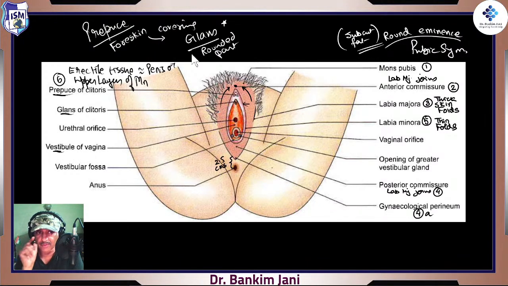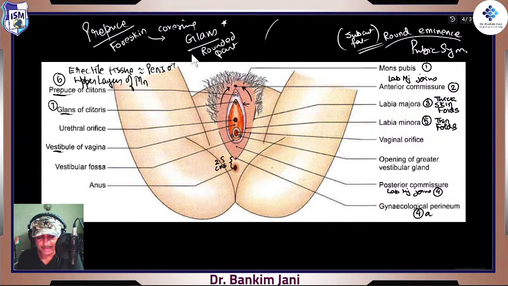But the most sensitive part is actually not that. That is the erectile tissue. The most sensitive, the way we said that in glands in males it is highly sensitive, same way there is glands of clitoris, and that is where the lower layers of minora are meeting, right?